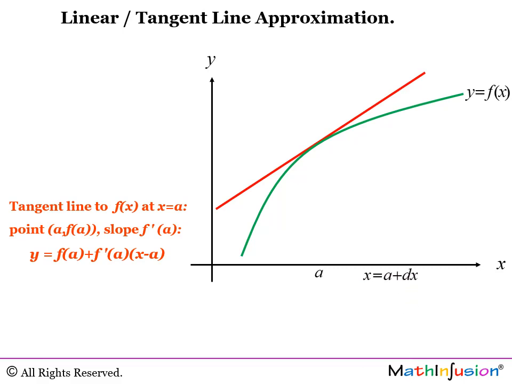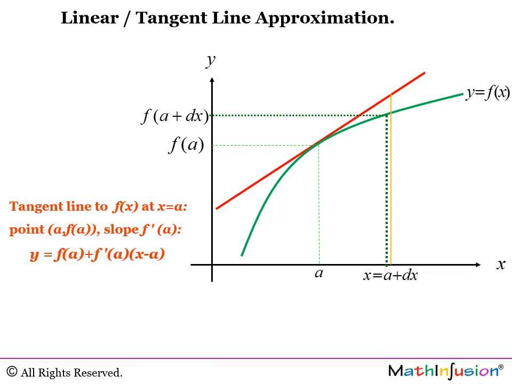Let x be almost a. It is a plus dx, when dx is very small. We would like to approximate f of a plus dx. We are going to do so by using the tangent line at x equals a instead of the graph itself.